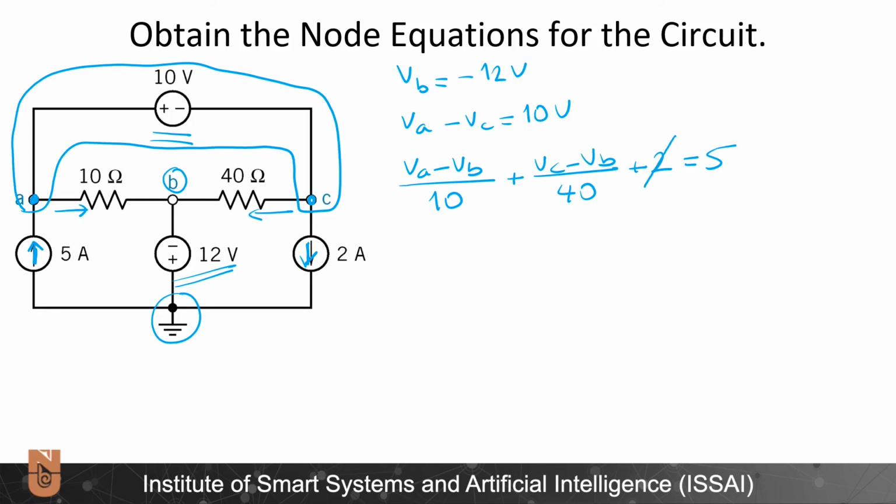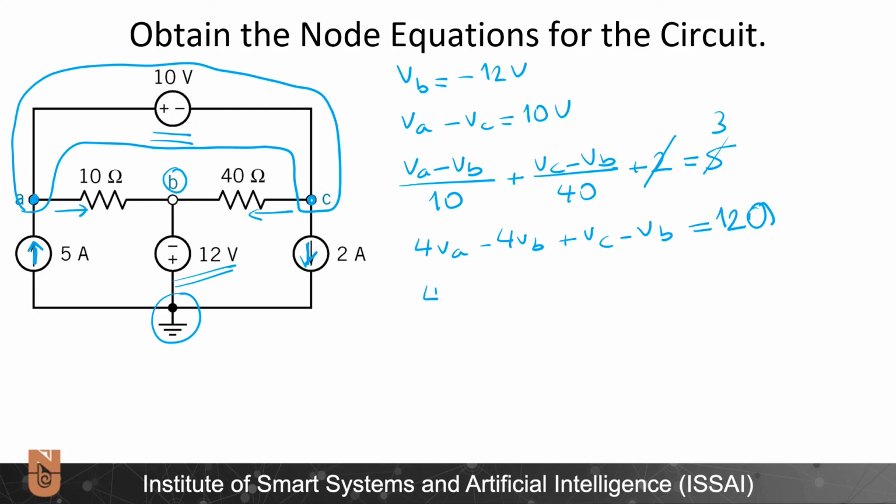So let's simplify. Here I have a 3. Then here I can write 4VA minus 4VB plus VC minus VB, I guess. Yes. Minus VB is equal to 120. And I can simply write for VB is equal to minus 12.